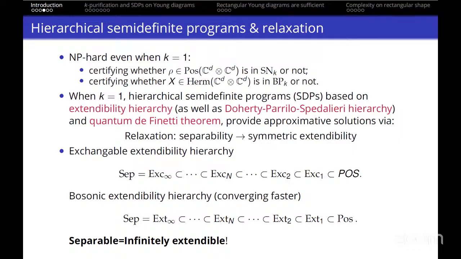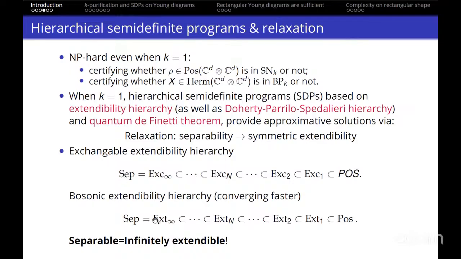Even for the K equal 1 case, it's very non-trivial, and we usually need to define some hierarchy. For example, the extendability hierarchy and the DPS hierarchy, and this is because the quantum de Finetti theorems will provide an approximation by some SDP realization.